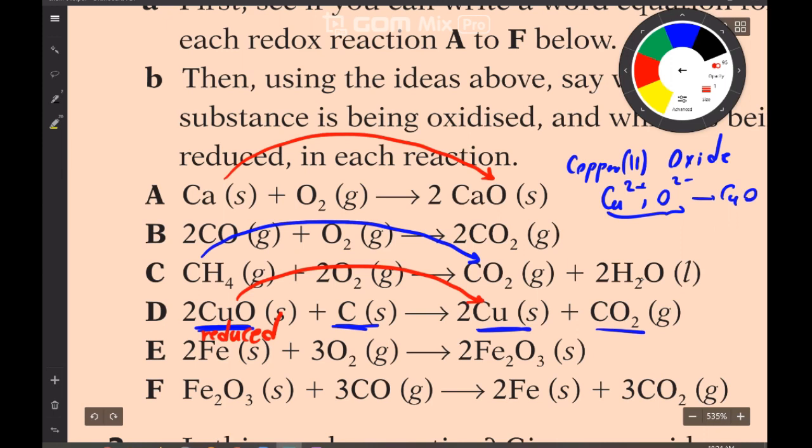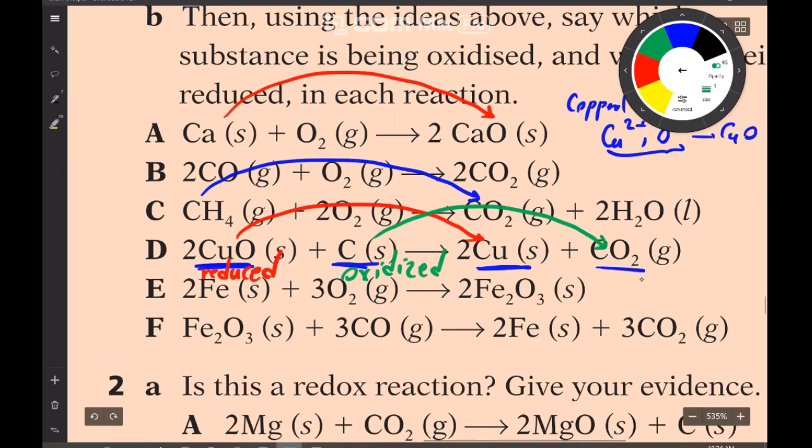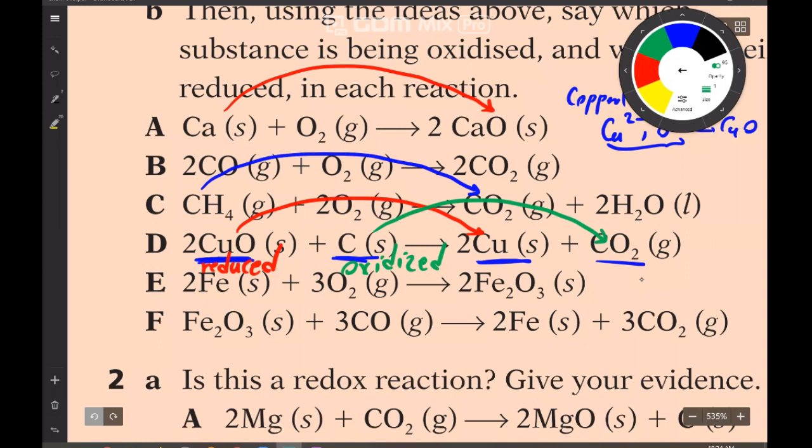And what happened to the carbon? It has gained oxygen, so it is oxidized. So we identify the species which is reduced and the species which is oxidized. Okay, let's move on to the next equation, part E.